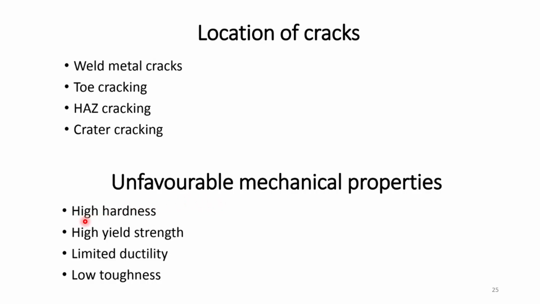If it has very high hardness, very high yield strength, limited ductility and low toughness. Toughness is the amount of energy that is absorbed before fracture. If it is less, then your crack will propagate much faster.